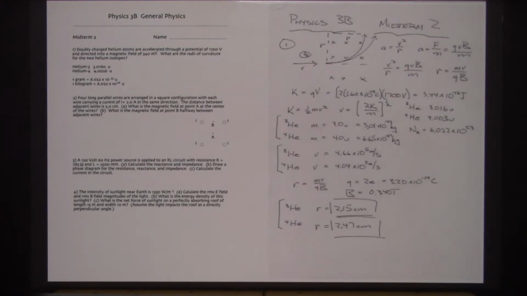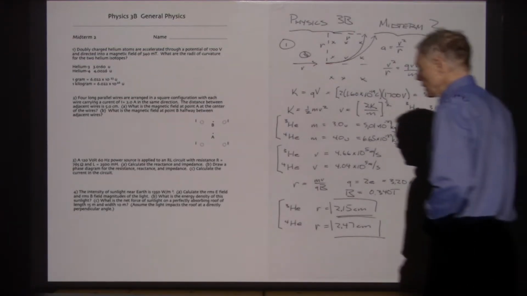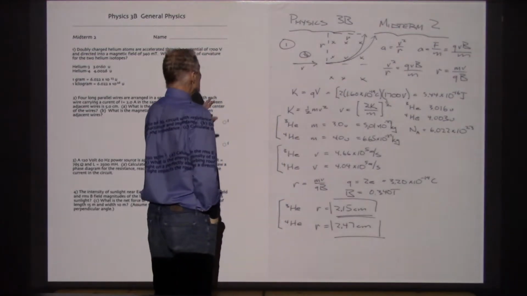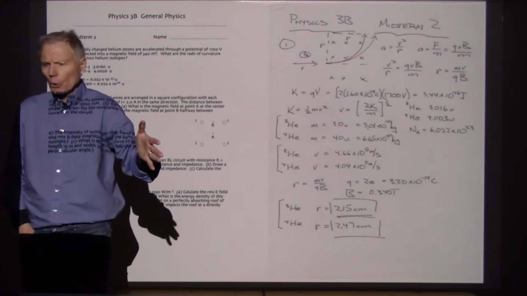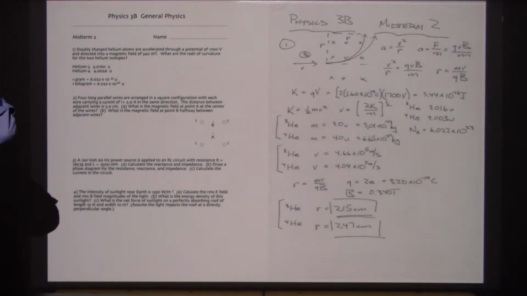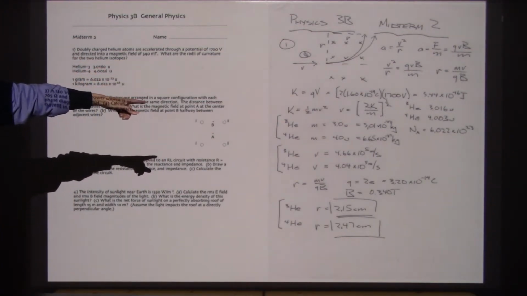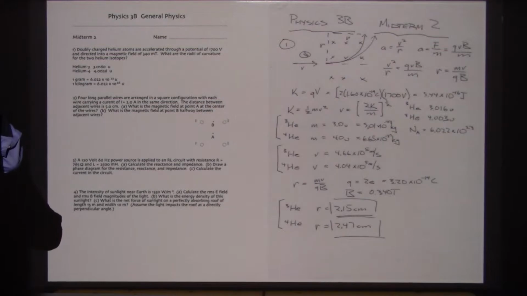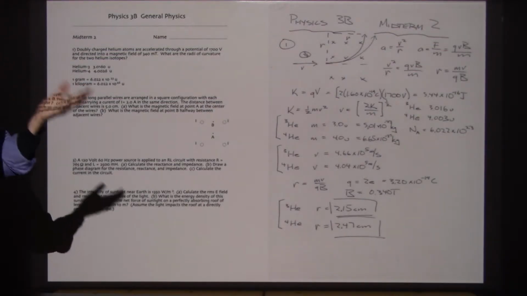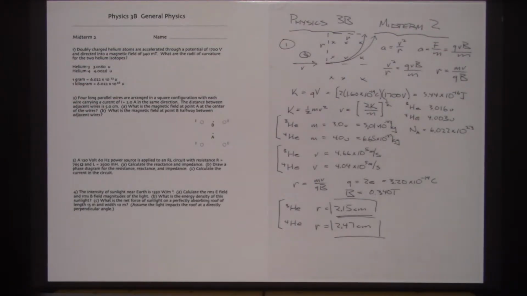This is a mass spectrometer. So what we're doing is we're sending in a mixed set of isotopes, and we're using the properties of the trajectories in a magnetic field. We're using the differences in mass to separate out the helium-3 and the helium-4 isotopes.